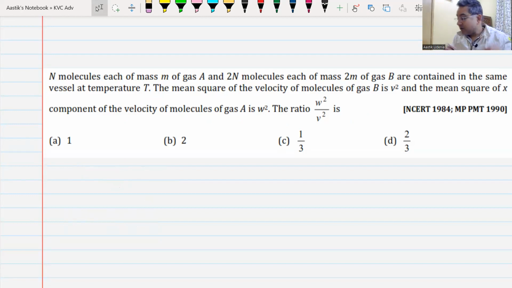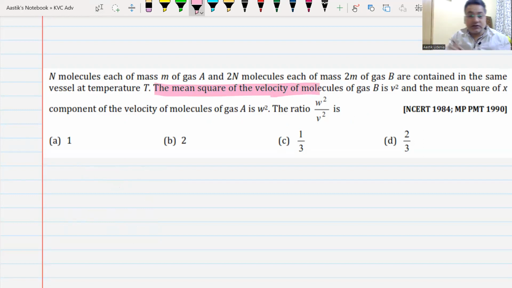The mean square of velocity, remember, it is not RMS velocity, it is the square of it. That is known as mean square velocity, not root mean square. Root mean square is VRMS. VRMS square is mean square velocity.